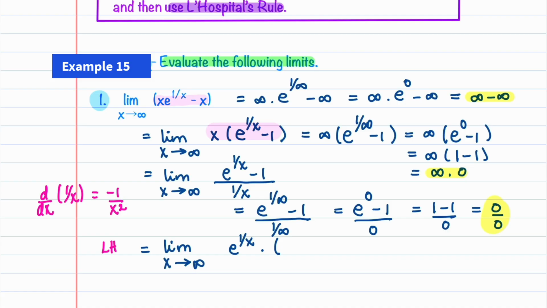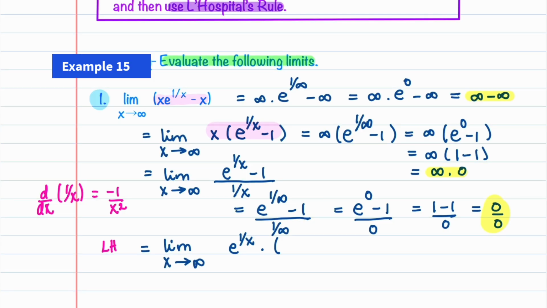It just makes things go a little bit quicker. So back to our problem. We had e to the 1 over x. Now we're going to multiply by the derivative of 1 over x, which is minus 1 over x squared. And then we have a 1 over x in the denominator, so we're going to write down that derivative, and that is minus 1 over x squared.